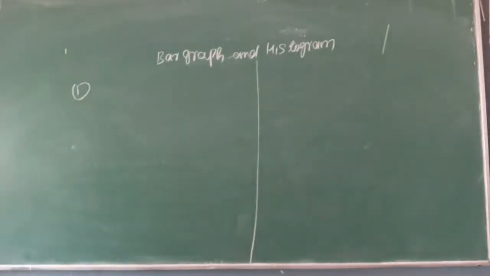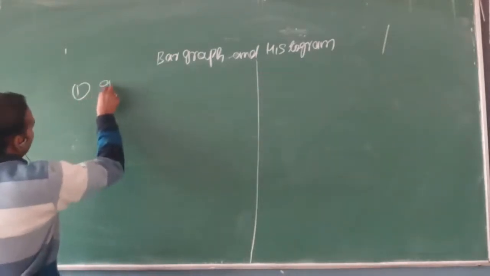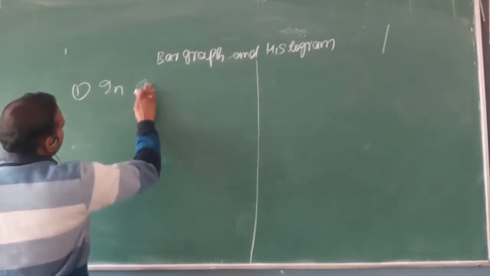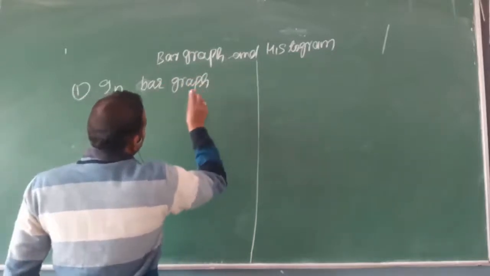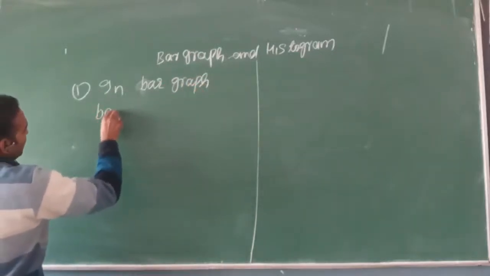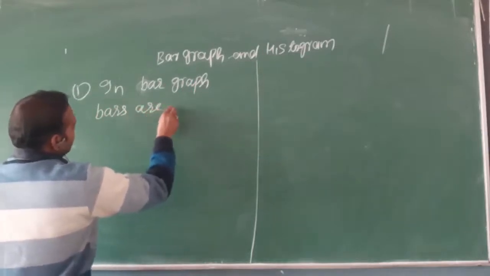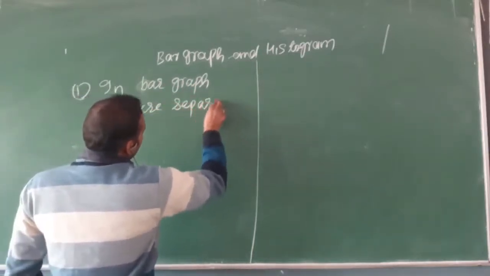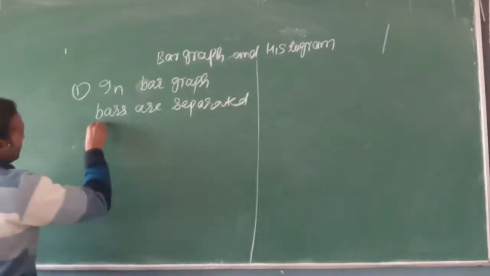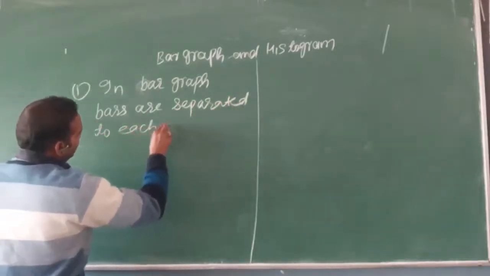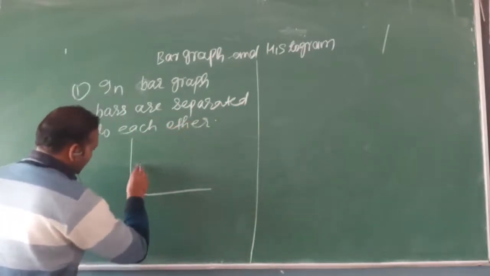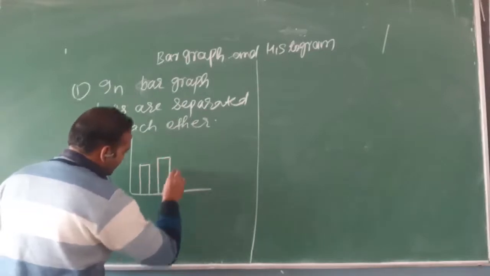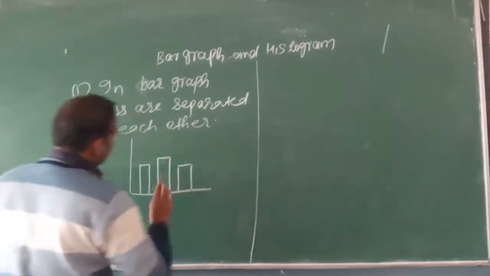In a bar graph, bars are separated from each other. Like this is a bar, this is separated from each other.